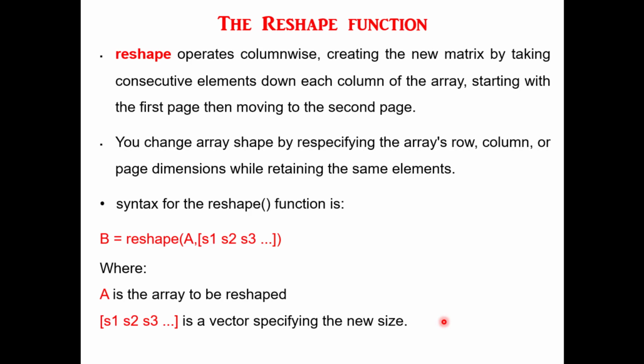The syntax for the reshape function is simple. We define a new array B, and then we call the reshape function with the array we want to reshape and the size of the new array. S1, S2, S3 is a vector specifying the new size. We'll see more of this in the lab section.